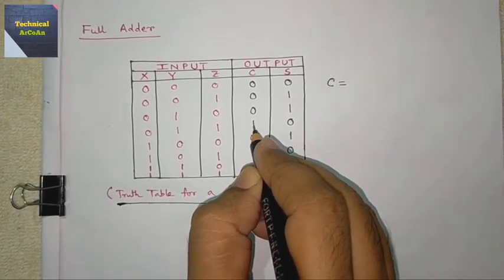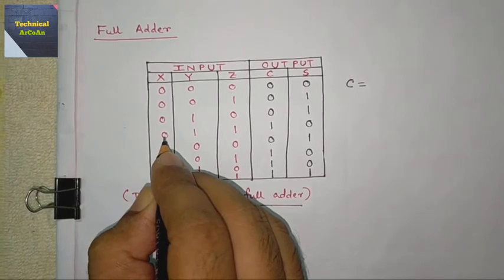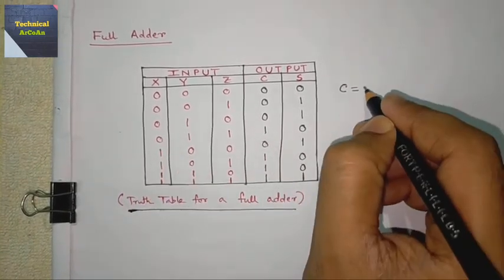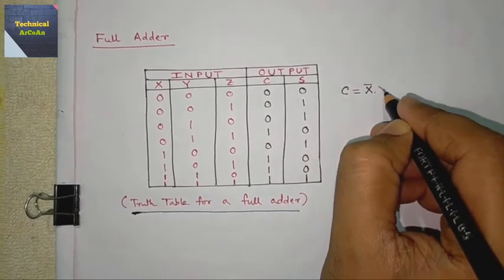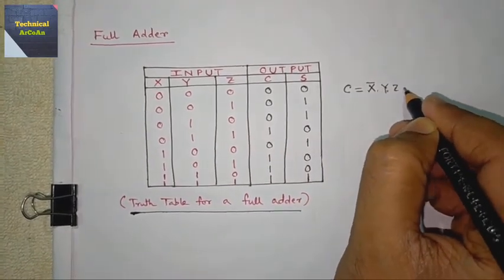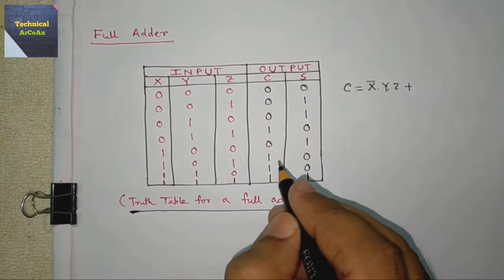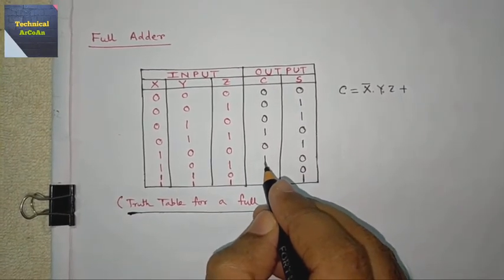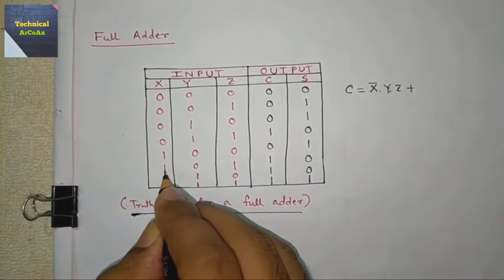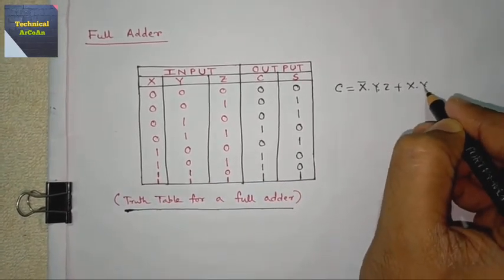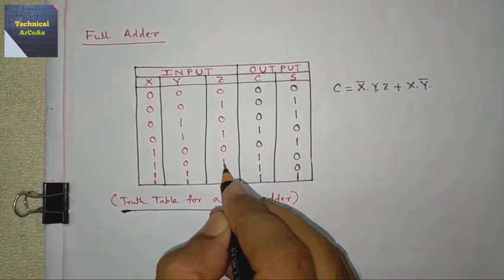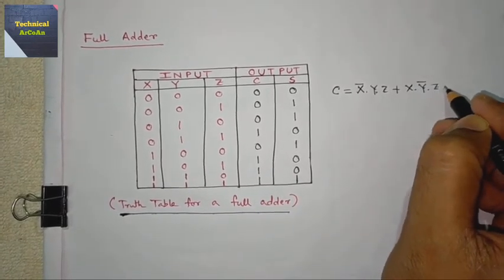Why? Because the 1 occurs here with the combination 0 1 1, so X is 0, meaning complement is the product term, and both others are 1, so X complement dot Y dot Z plus, because the sum of products should be the expression. Second one, in this position X is 1, so X is normal, Y is 0, so Y complement dot, and Z is also normal, because Z is 1.